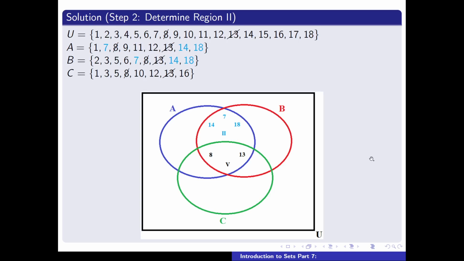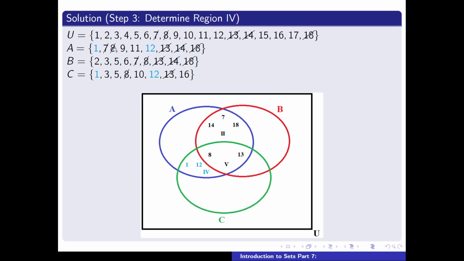And then in like manner, we X those out from both A and B, as well as the universal set. So we're slowly making progress through this universal set. Again, we look at now region 6, as per our instructions, and we look at the elements that are in A and C that have not already been marked off.